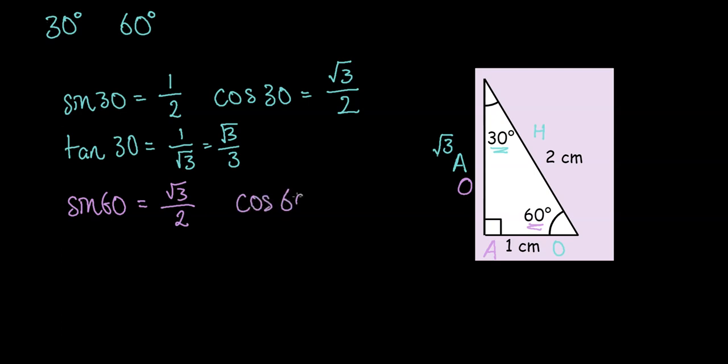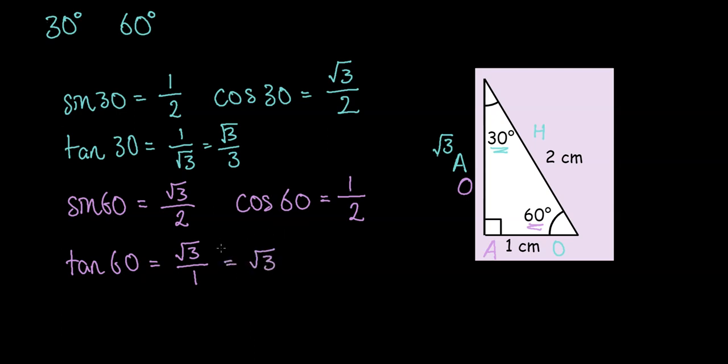Cos of 60 is going to be my adjacent, which is 1, over my hypotenuse, which is 2. And then tan of 60 degrees is going to be my opposite, which this time is root 3 in length, over my adjacent, which is 1. And that, of course, is equal to root 3.